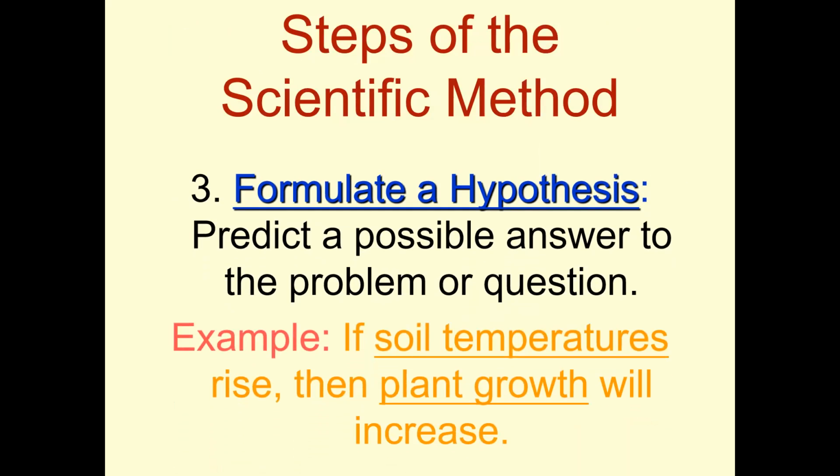Example, if the soil temperature rises, then the plant growth will increase. Notice here we have 2 things underlined. Usually, whenever we formulate a hypothesis, the wording includes both the dependent and independent variable. And we will talk more about that later.